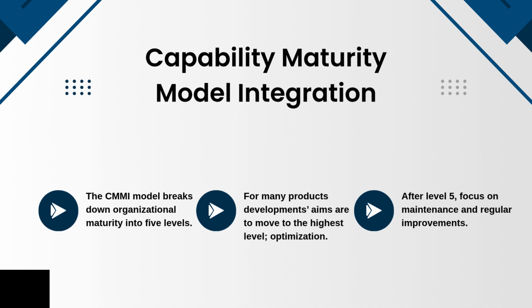After achieving the highest maturity level, the organization must continue to maintain its processes and make regular improvements. This is because technology, customer needs, and business environments are constantly changing. Therefore, organizations must continuously review, monitor, and improve their processes to remain competitive and successful.